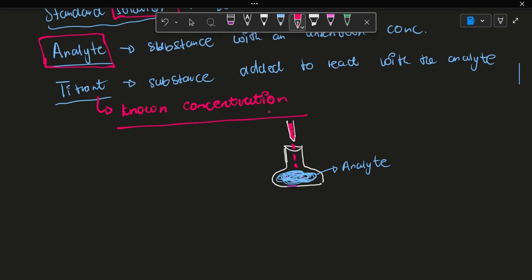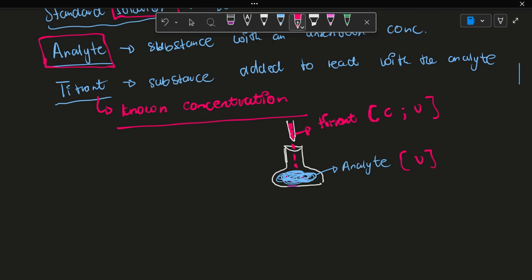This one in here will be my titrant. And my titrant has, remember, a concentration, and it also has its own volume. But the analyte does not have a concentration, but it has a volume.